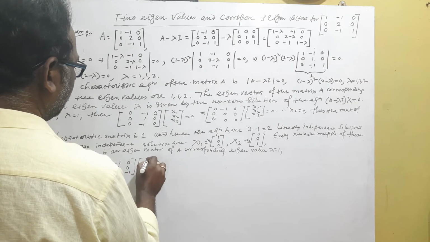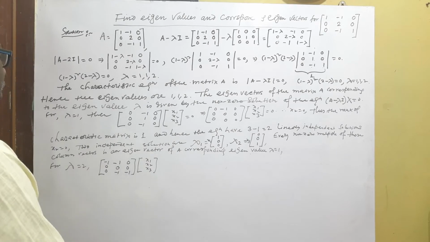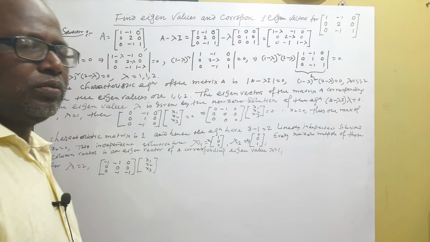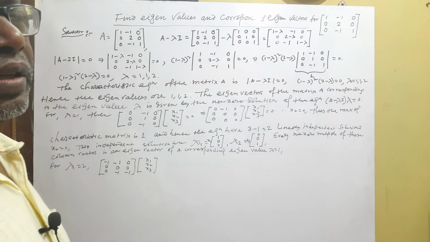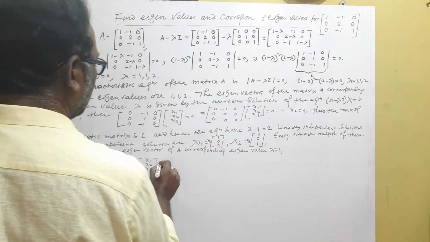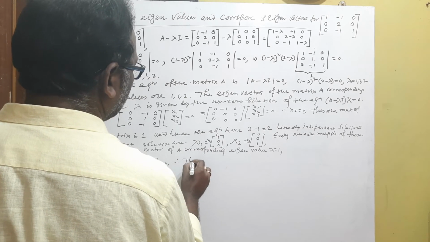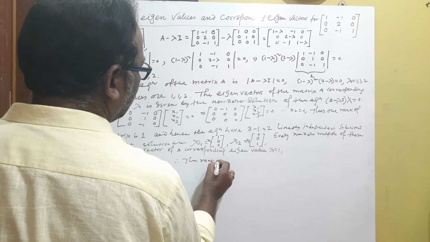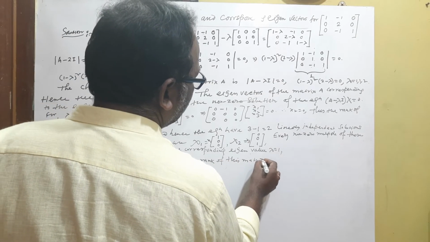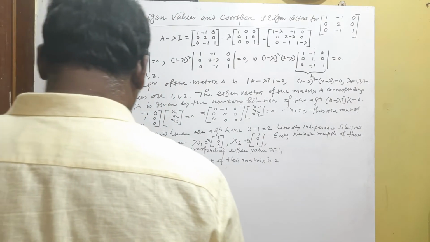And here it is clear that if we take an order 2 submatrix, the determinant of the order 2 matrix is non-zero. So the rank of this matrix is 2.